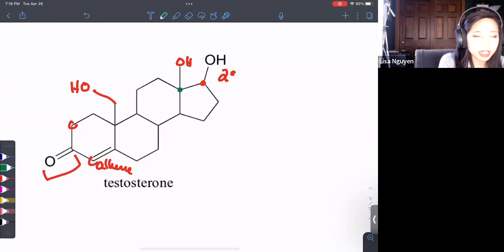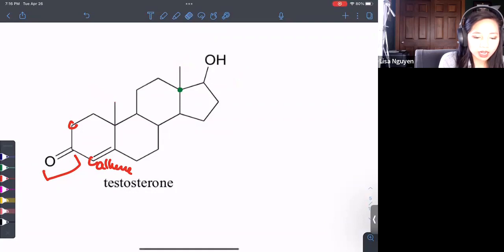This one that I made up right here would be a tertiary alcohol because the carbon that alcohol is attached to is attached to three other carbons. This alcohol is a primary because the carbon it's attached to is attached to only one other carbon. So that's how you determine those.